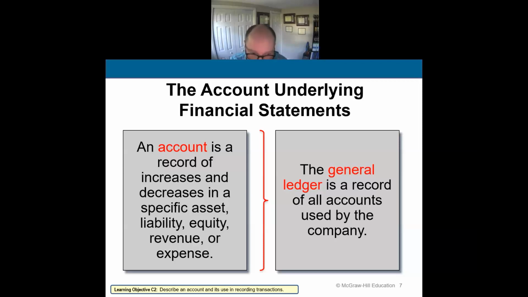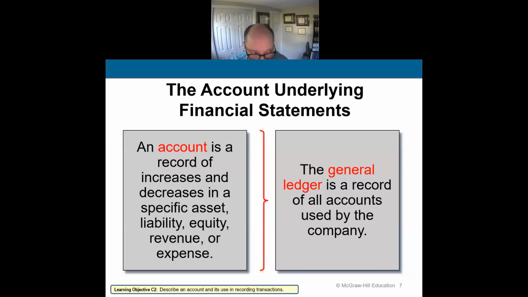The same with equity. Within equity, we have things like common stock, preferred stock, paid-in capital, net income, retained earnings, right. Those are all equity accounts. And then revenue, we have things like sales, that's a revenue account.